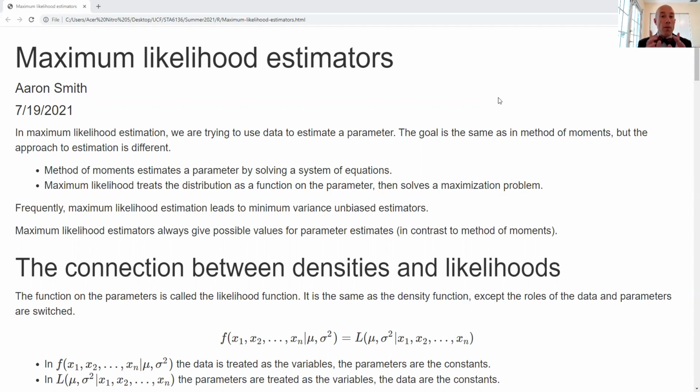Method of moments is very natural, very intuitive, but there are some downsides. We don't always actually get the best estimate possible, and it's possible to get absurd values that don't work out. So we want another approach, another way to tackle this.